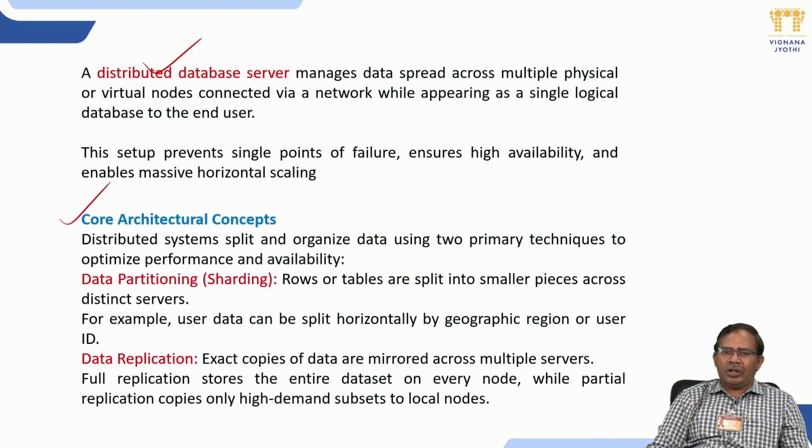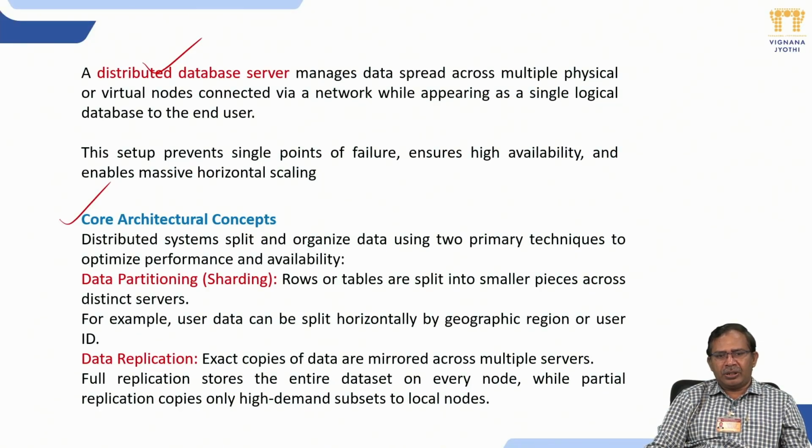First, user IDs 1 to 50 at location 1, 51 to 75 at location 2, 75 to 100 at location 3, based on geographic region. So Axis Bank customers belonging to Telangana, Axis Bank customers belonging to Karnataka, bank customers related to Andhra Pradesh. Like this, you can do horizontal splitting.